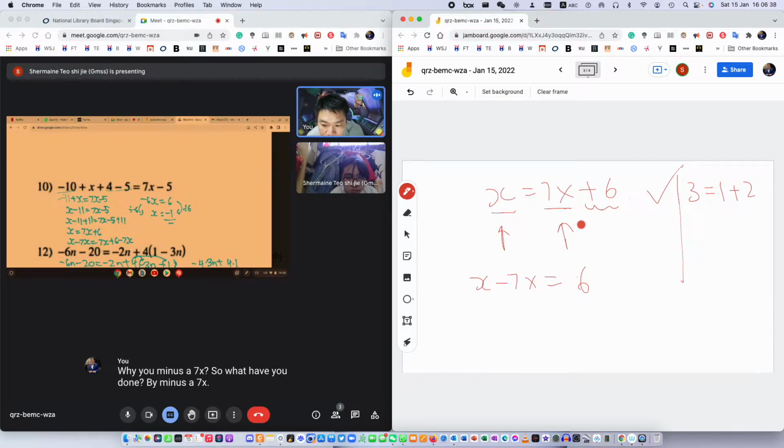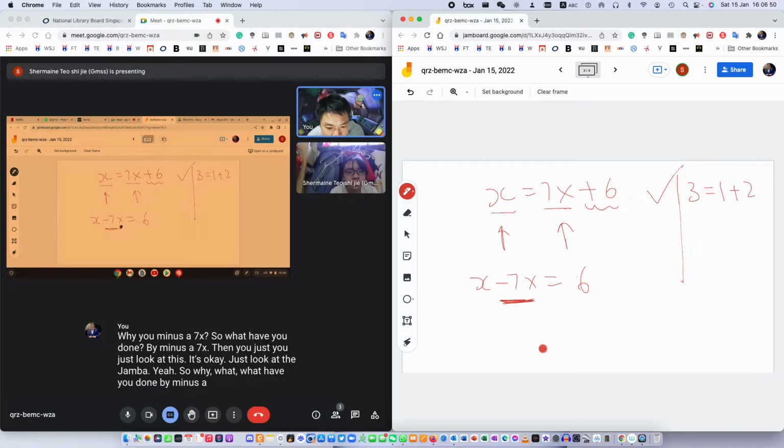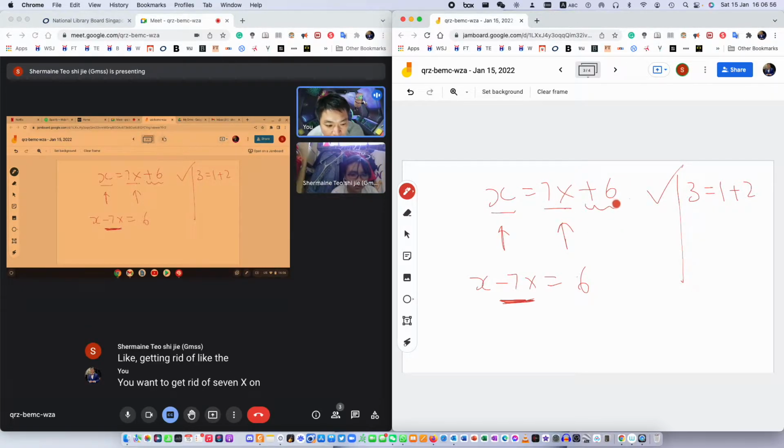No, you just look at the Jamboard. Yeah. So what have you done by minus a 7x? You want to get rid of 7x on the right hand side, right? Okay, so this is one understanding.